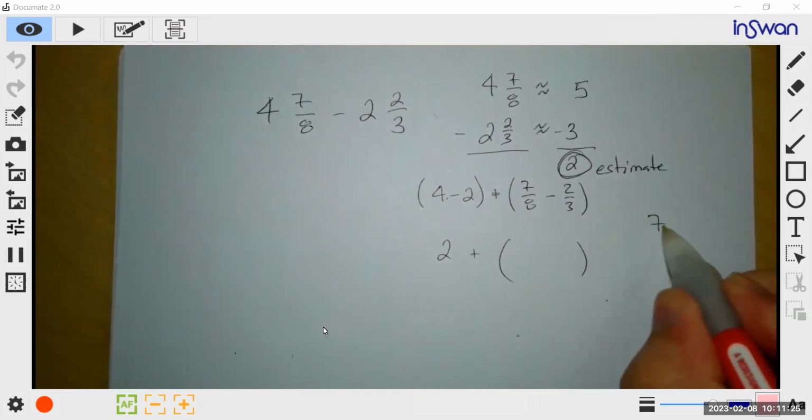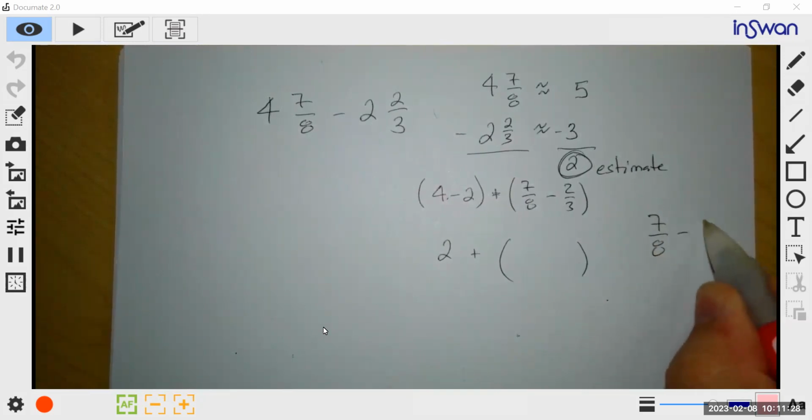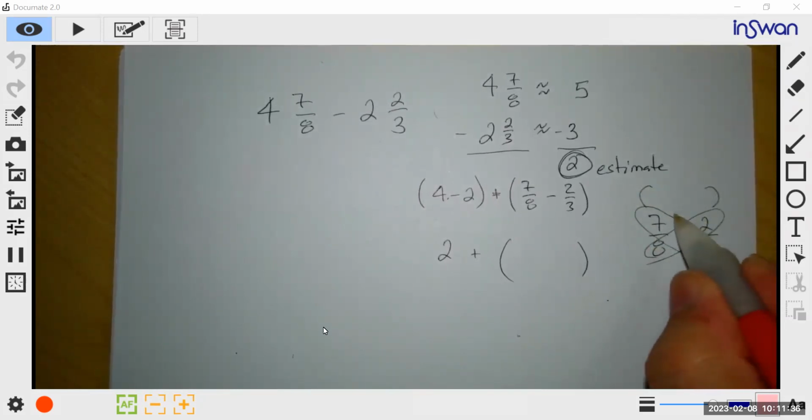So here we have 7/8 minus 2/3. There's a minus sign there.